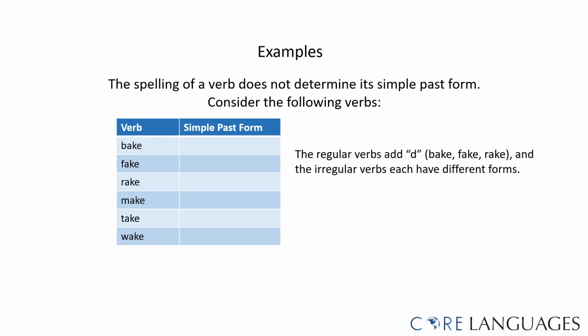For example, bake, fake, and rake are baked, faked, and raked in the simple past, but the verbs make, take, and wake are irregular. Their past tense form is made, took, and woke.